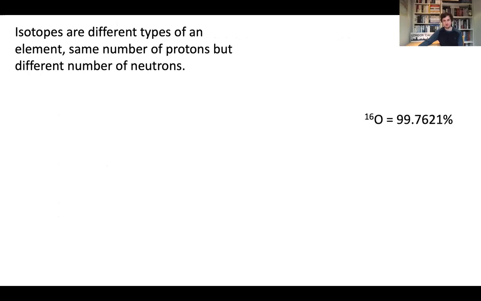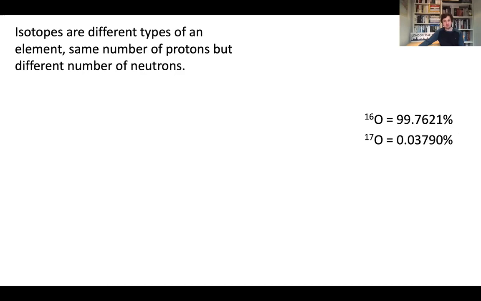So for example, with oxygen, which is what we're focusing on in these lectures, most oxygen on Earth, 99.76%, is what we call oxygen 16. This number here is the number of protons plus the number of neutrons. So remember, all oxygen has 8 protons. Oxygen 16 has 8 protons and 8 neutrons.